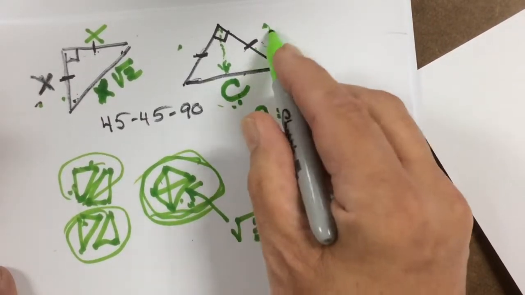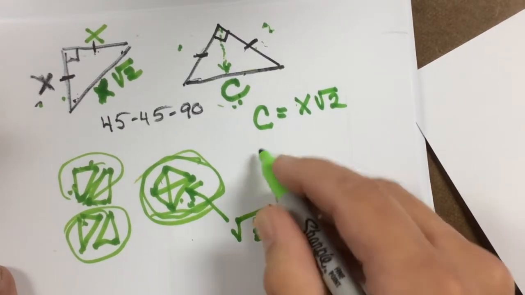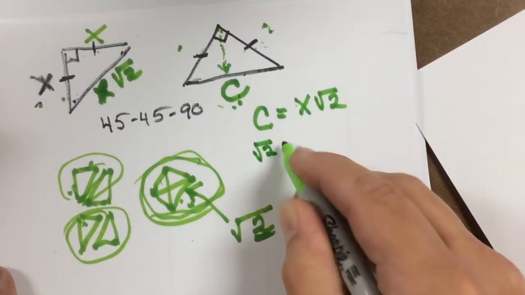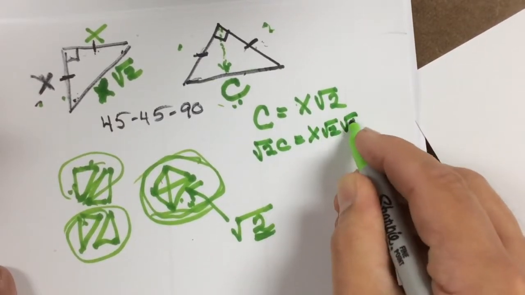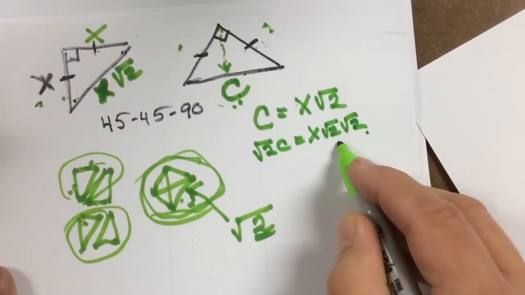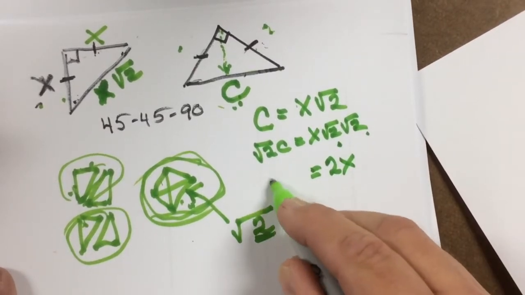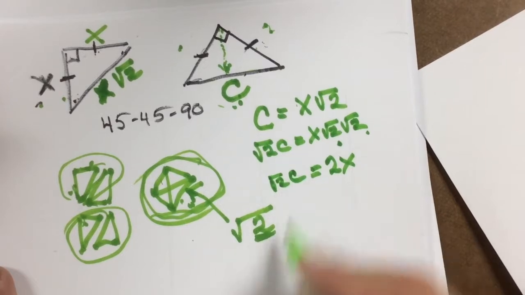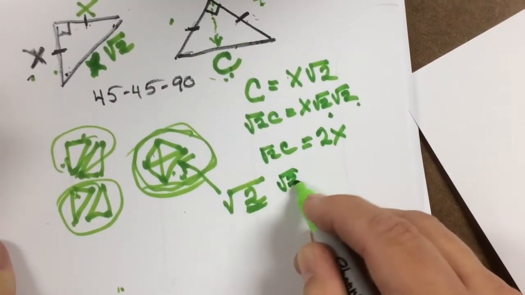So then we're going to find out what these are equal to. How do we do that? Well, first let's multiply both sides by square root of 2. Square root of 2 times square root of 2 is 2. Divide both sides by 2.